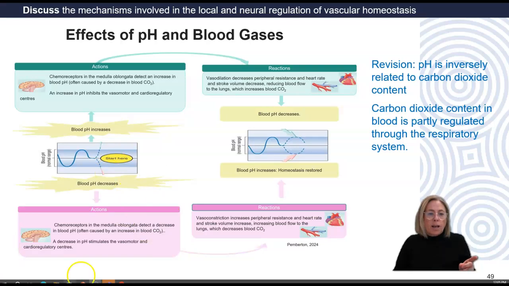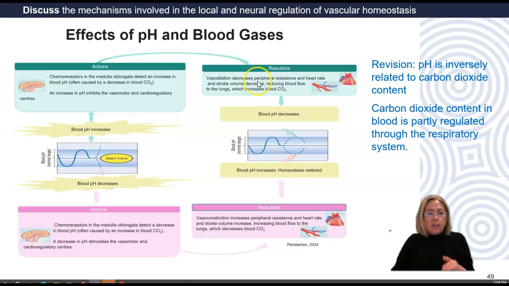So again, let's start here, and this figure will look sort of familiar compared to the cardiac one. Blood pH increases. Chemoreceptors in the medulla detect an increase in blood pH, which is often caused by a decrease in blood carbon dioxide. And an increase in pH inhibits the vasomotor and cardioregulatory centers.